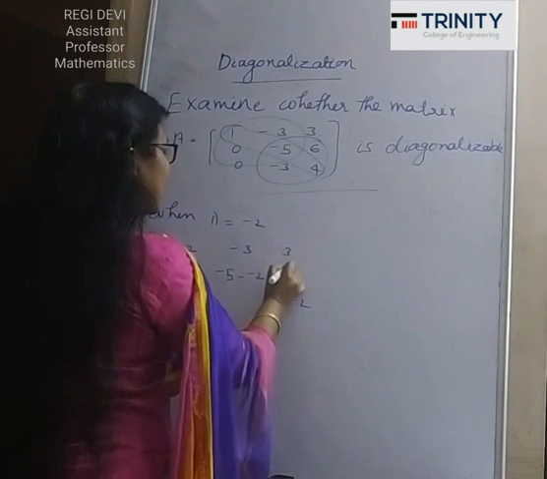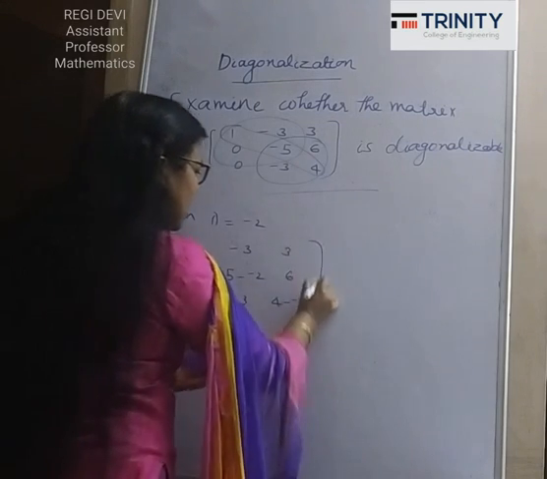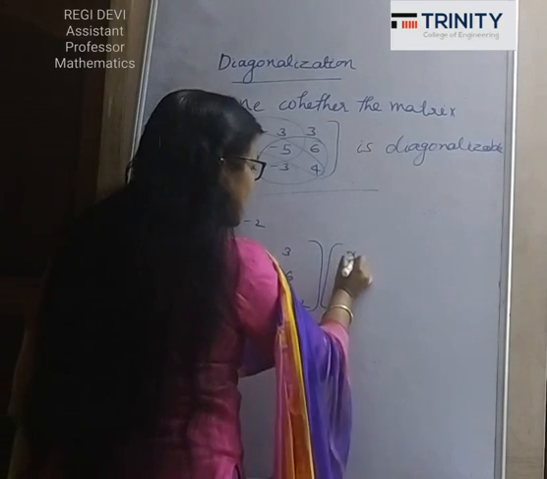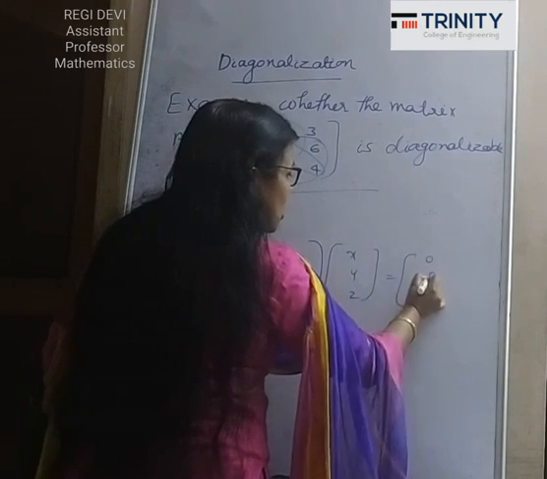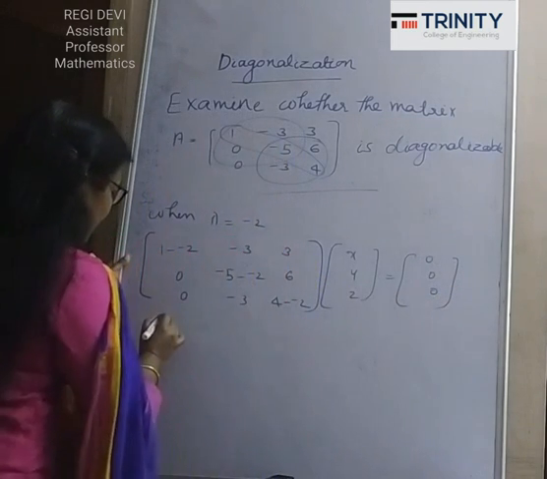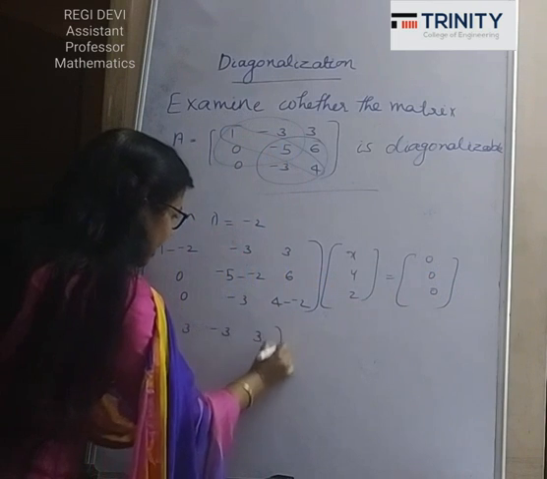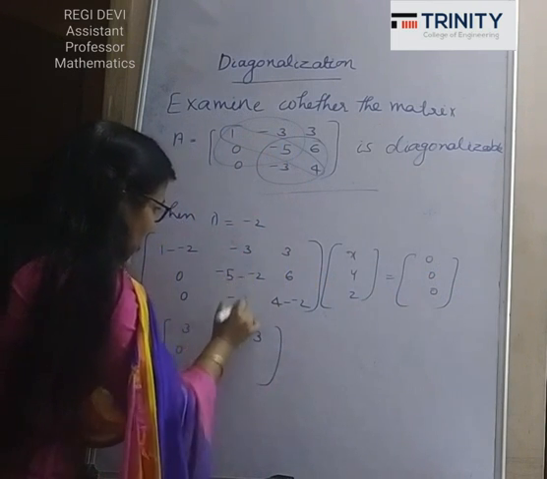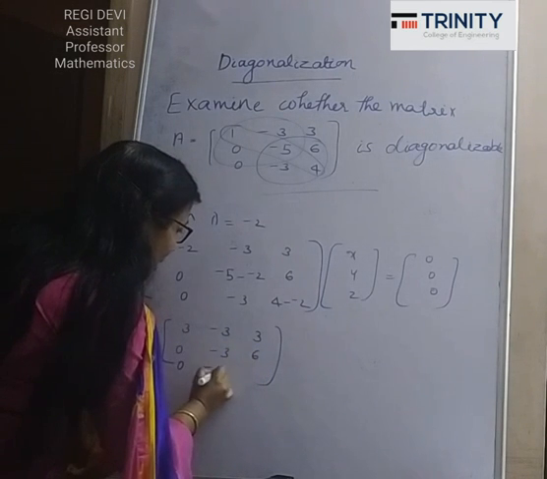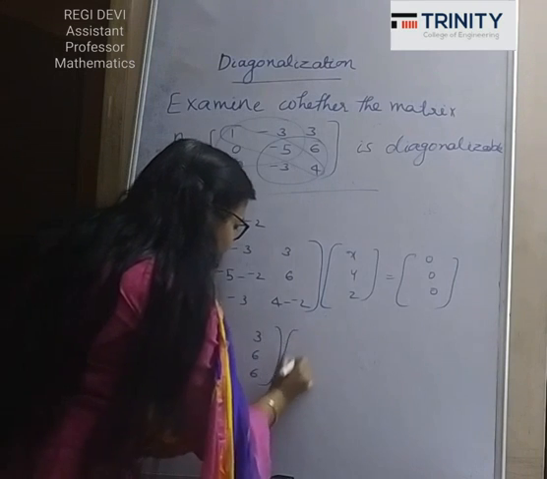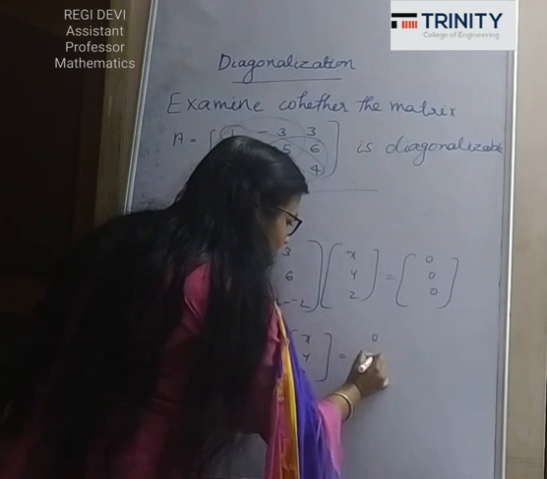So we get the matrix 3, minus 3, 3; 0, minus 3, 6; 0, minus 3, 6, into x, y, z equal to 0, 0, 0.